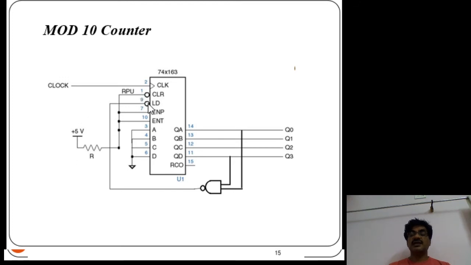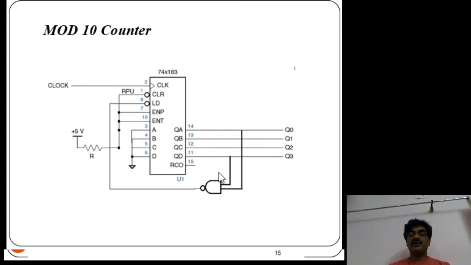So the load input is 1. Clear is already connected to the 5 volt supply, that is logic 1, and ENP and ENT are also at logic 1. Because of the feedback from the NAND gate, the load input is also 1, so it shows the counting sequence again from 0 up to 9.